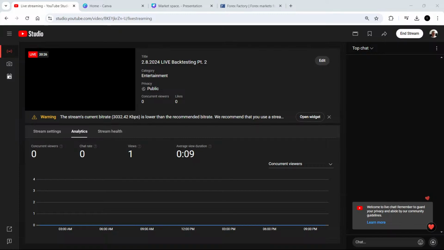So we have a fair value gap right here. We can draw our Fibonacci retracement levels here to here. Alright, it hits the 78.6 retracement level. We don't even have to draw equilibrium. This is in the discount zone. You can see it's above the 50%.